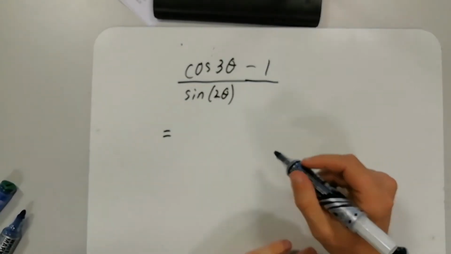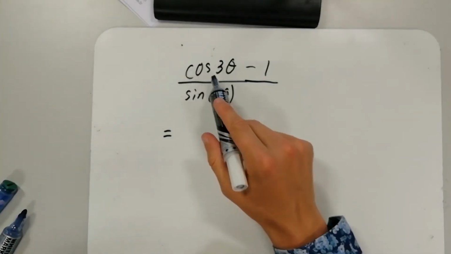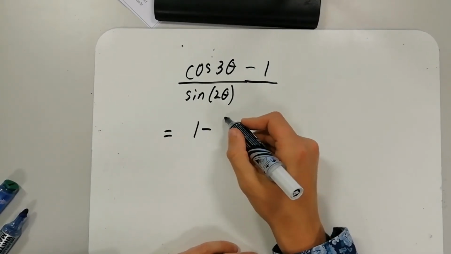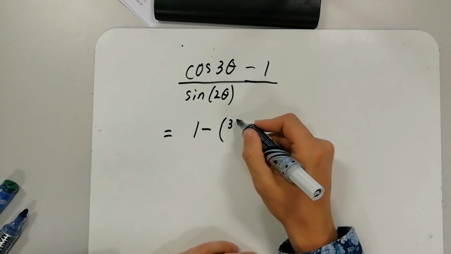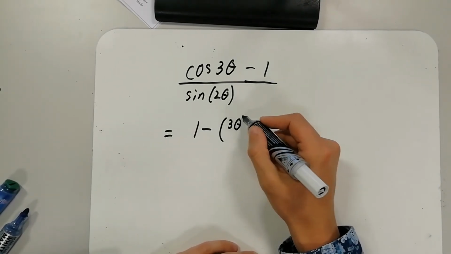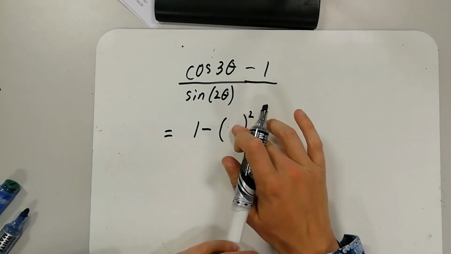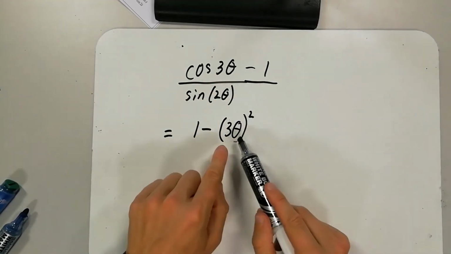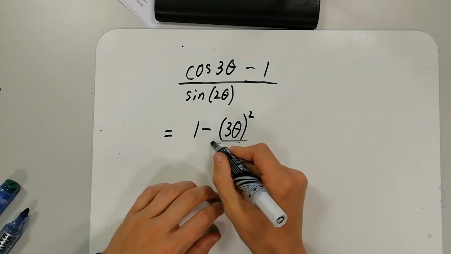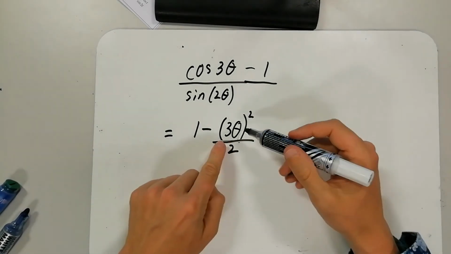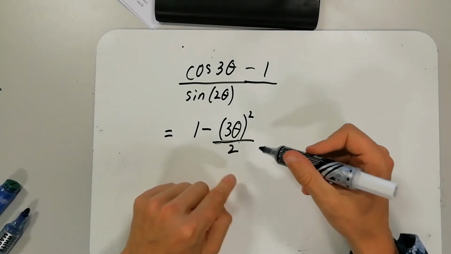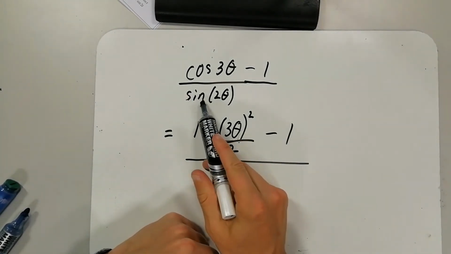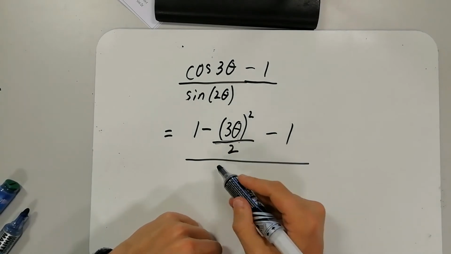Using my small angle approximations, I know that cos 3 theta can be approximated by 1 minus 3 theta squared over 2 minus 1, all over, and then sine theta can be approximated by whatever this angle is there. So remember, it must be whatever the angle is, that's what we're approximating.